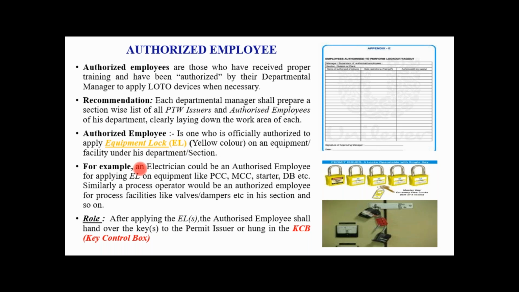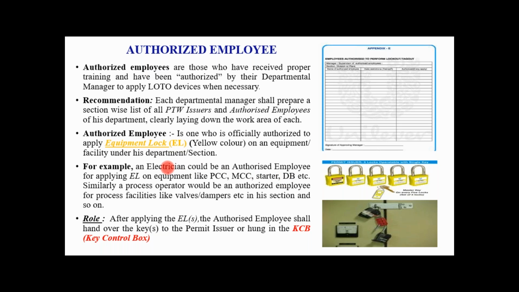Then, for example, an electrician could be an authorized employee for applying this equipment lock on equipment like PCC, MCC, starter, DB, etc. Electricians are always working on these types of equipment, that may be a circuit breaker, that may be a starter, etc.